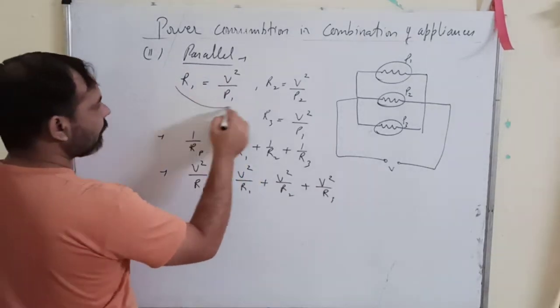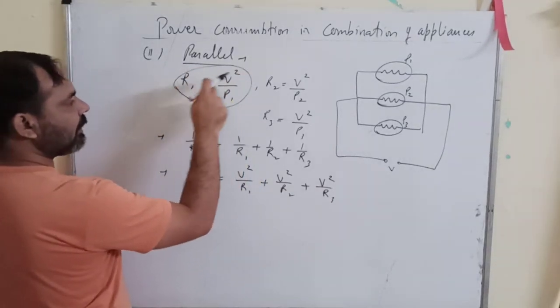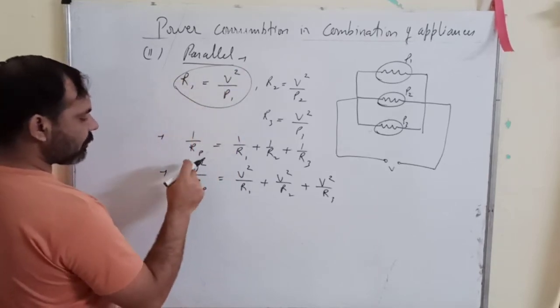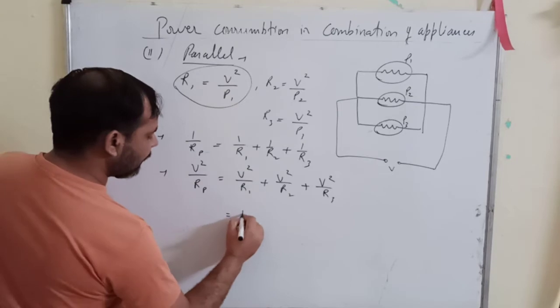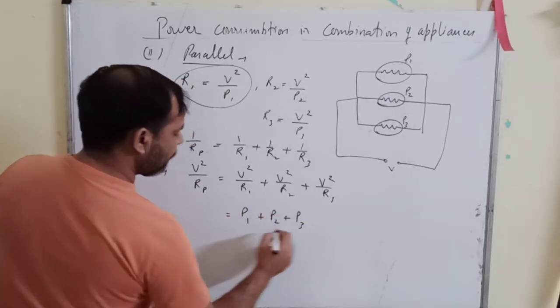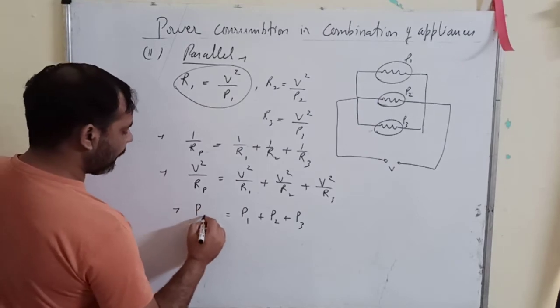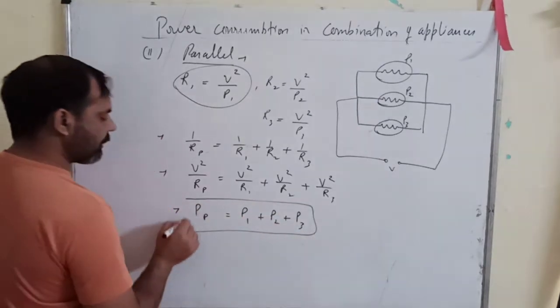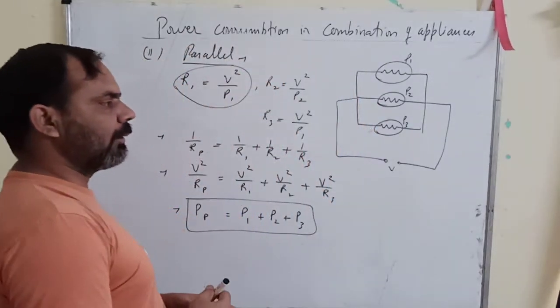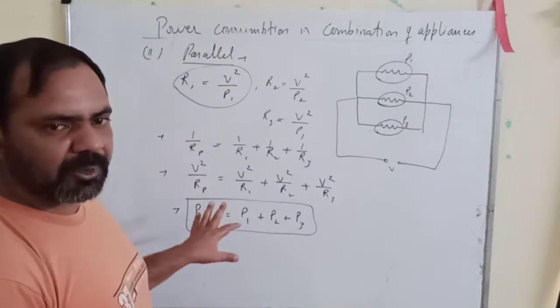Now, if R1 is V square upon P1, then P1 will be V square upon R1. So V square upon R1 is nothing but P1, this is P2 and this is P3, and this is P of the parallel combination. The total power consumption will be given by P1 plus P2 plus P3.